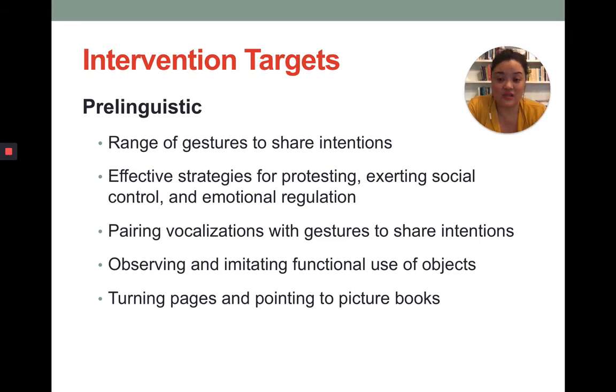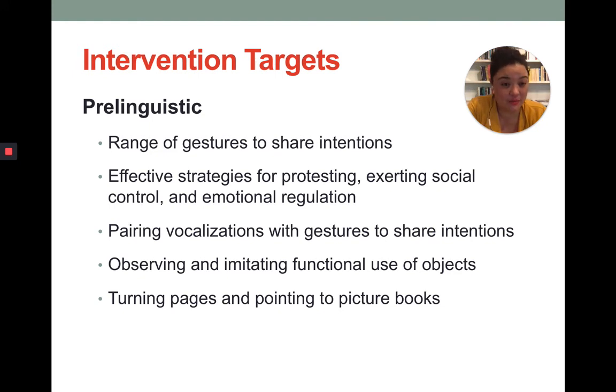Now, they're pre-linguistic here, so they would not be using words, but how can we think about students who don't have spoken language? We need to give them another mechanism to communicate these expressions, right?